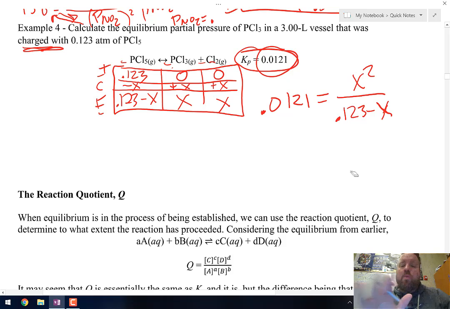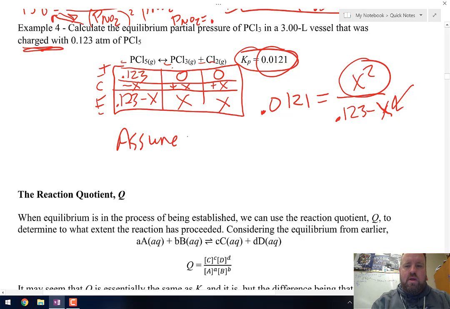Okay? Now, I will tell you this. At no point on the AP exam in the last 40 years has a student had to use the quadratic equation, because we're going to make an assumption here. And the assumption that we're going to make is that x, and you can do this on the AP test, that this x value is going to be a very small value. And so what that means is we're going to assume that 0.123 minus x is going to be roughly equal to just 0.123.